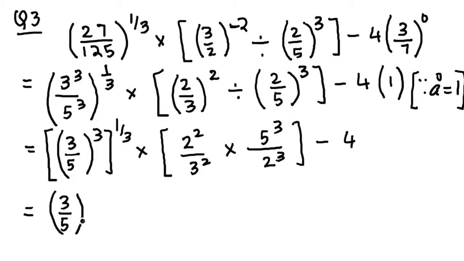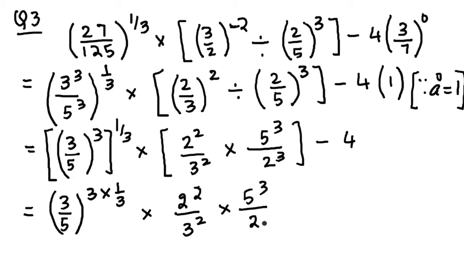This will give us 3/5 to the power 3 into 1/3 multiplied by, here we will write without the brackets, 2 to the power 2 upon 3 to the power 2 into 5 to the power 3 upon 2 to the power 3 minus 4. If you wish to, you could even deal with this 2 to the power 2 and 2 to the power 3, not a problem.